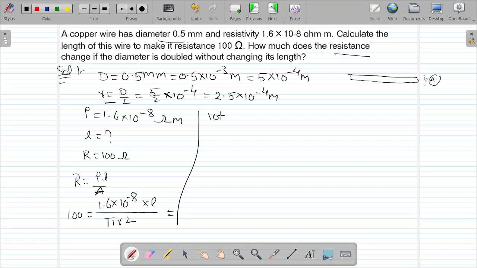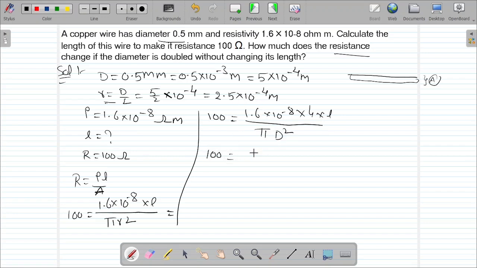100 equal to 1.6 into 10 to the power of minus 8, and I'm going to write the area in terms of diameter itself, so into 4 into length by pi d square. I'm going to replace the d now.